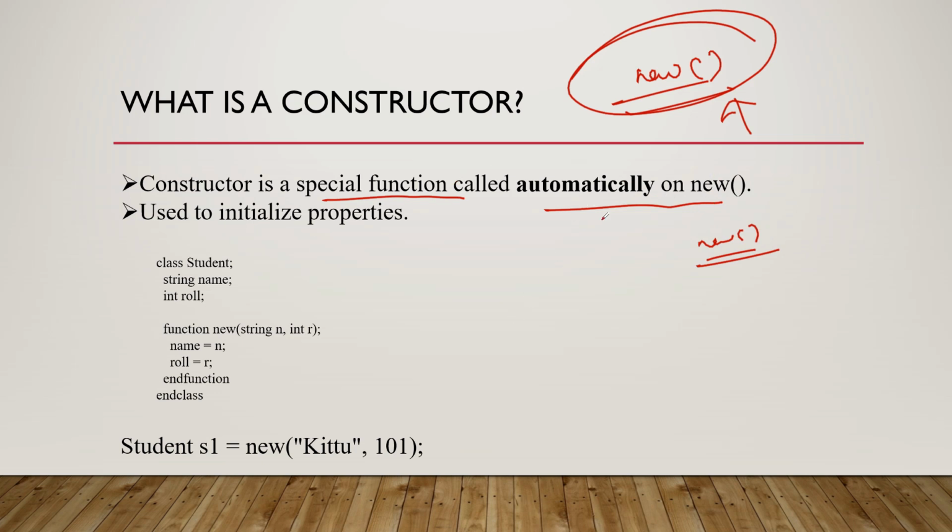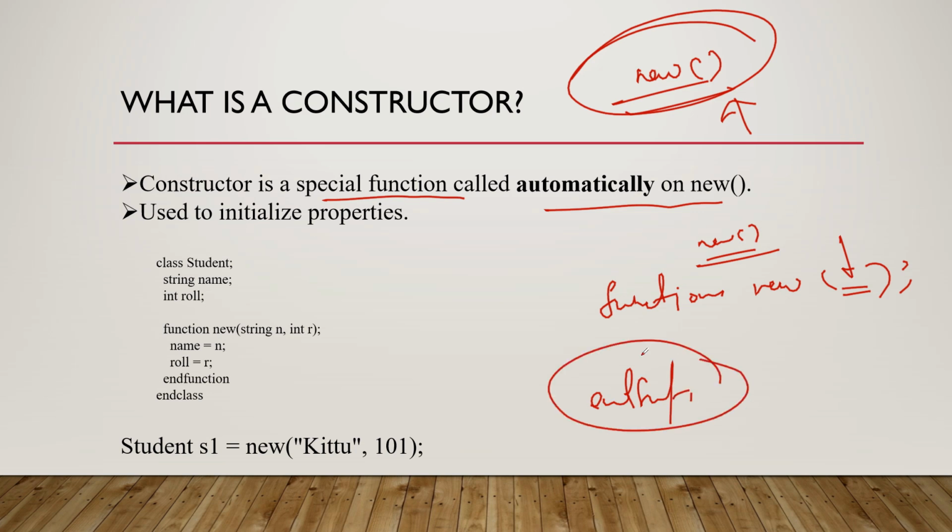You can also create your own function new inside the class, and keep this in mind: it will not return anything. So you can simply write function new, and whatever arguments you have to pass, you can keep this empty also, and then end function. You can do a similar thing.